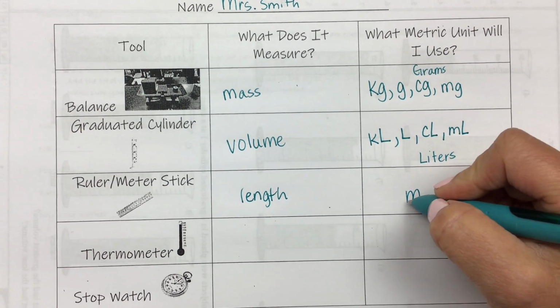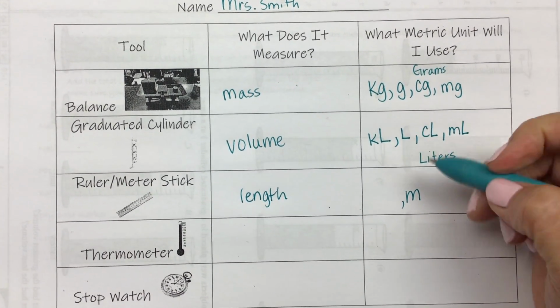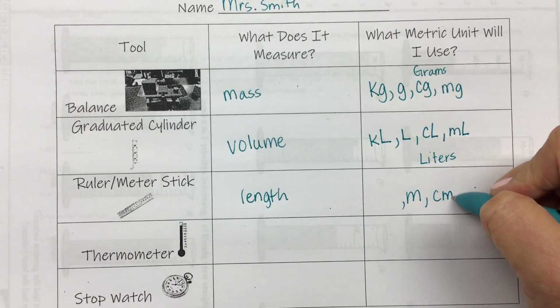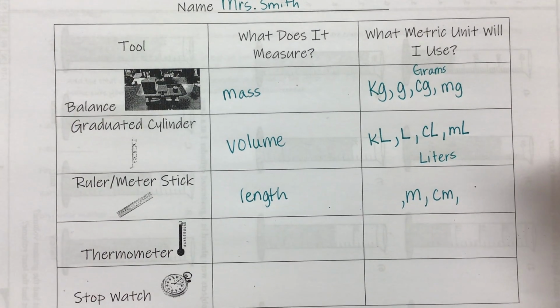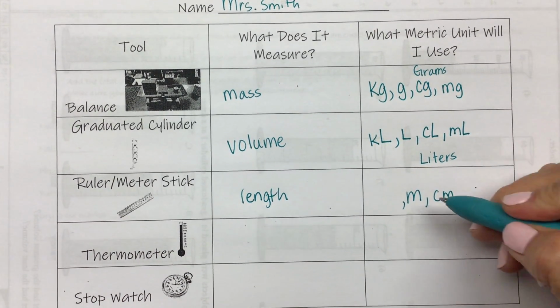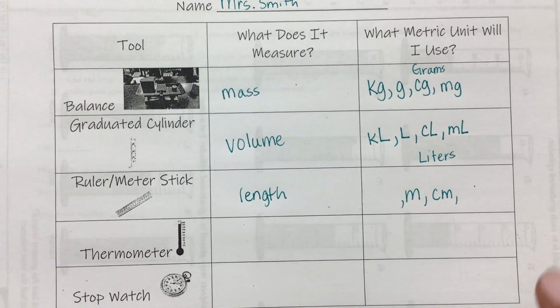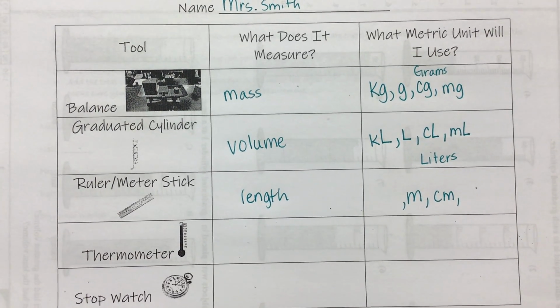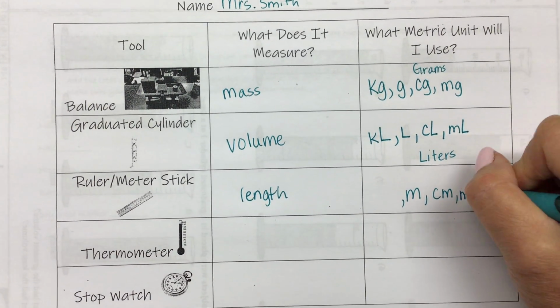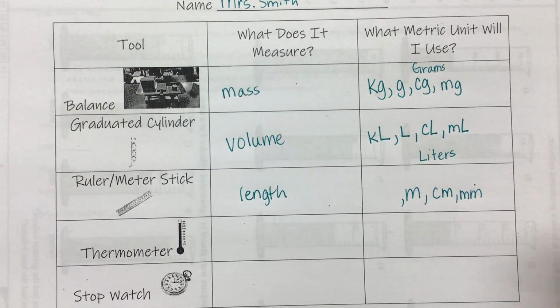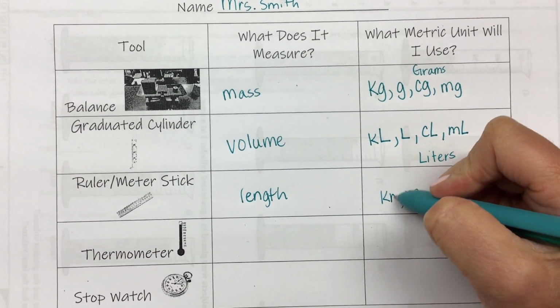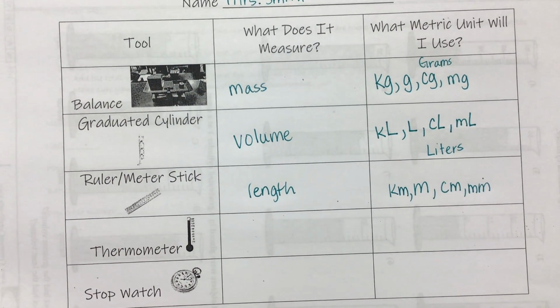What else is it? Brian? Centimeters. What else? Ireland. Meters, centimeters. What else? Millimeters. And the last one is what? Cordelia? Kilometers. Very good.